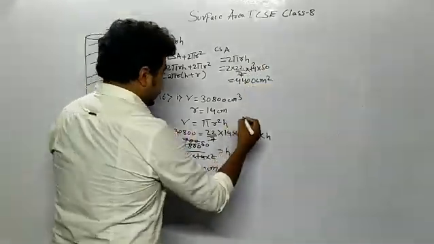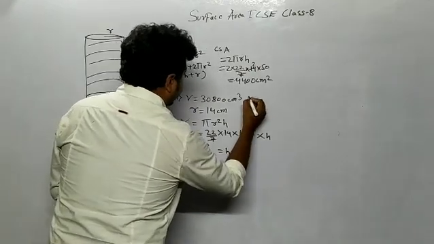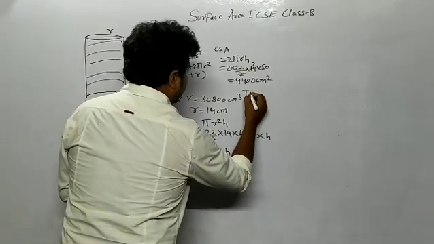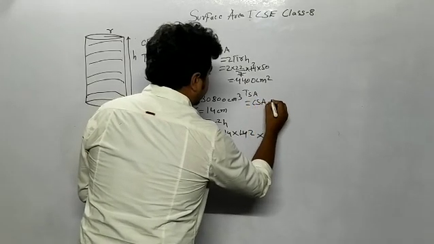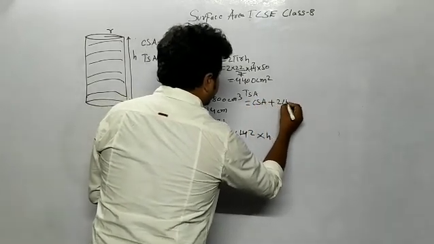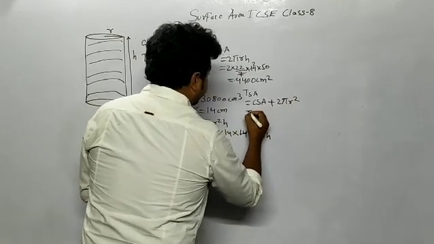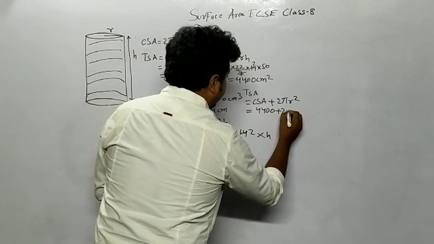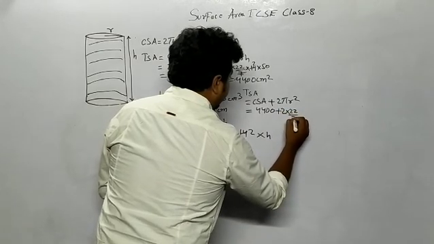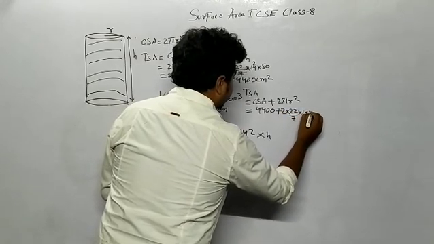Now total surface area, if I will be finding it. Total surface area is basically curved surface area plus 2 pi r square. Curved surface area we have got is 4,400, and 2 pi r square we can find: 2 into 22 by 7 into 14 into 14.